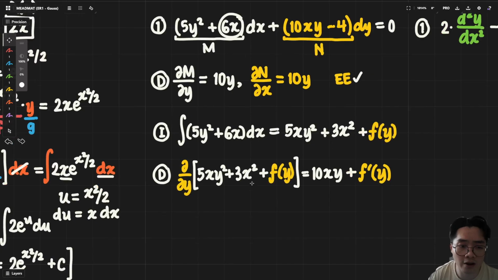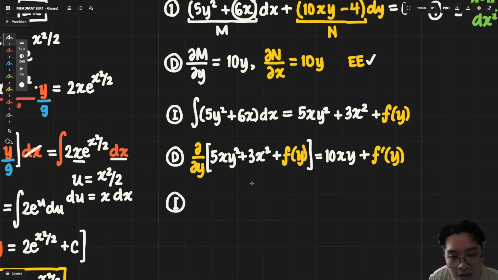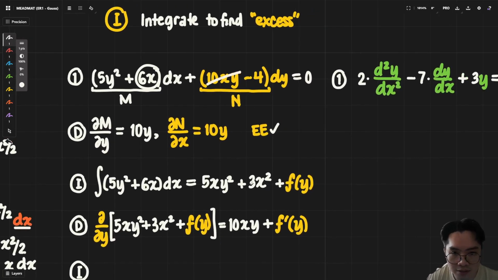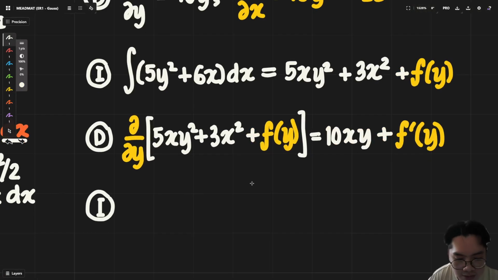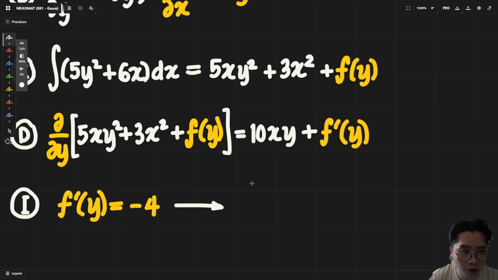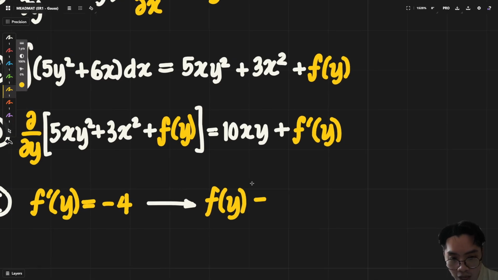And so this is where our integration factors in at the last moment. The only thing that doesn't match is that f prime of y is equal to -4. That means that if f prime is -4, you can just do a simple integration in your head: the original function f is just going to be -4y.